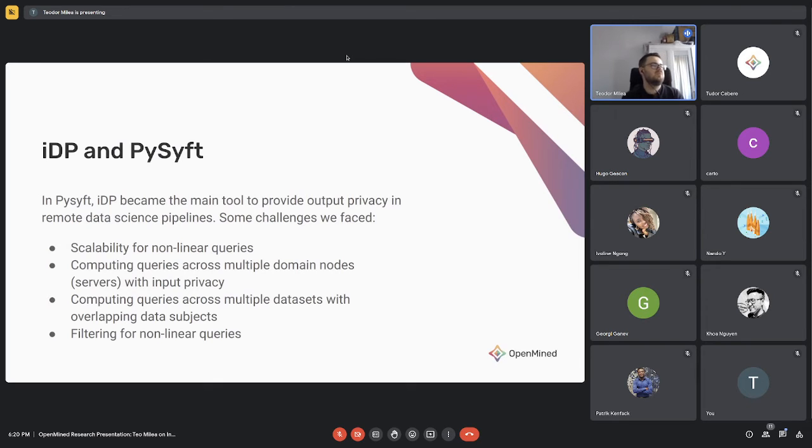Then the second one would be computing queries across multiple domain nodes. Domain nodes in PySift are different servers where people can upload their data and do computation. So computing across these servers with input privacy has been a bit problematic, because if you remember, I did specify that rows in themselves are not secure because they actually depend on individuals' data.